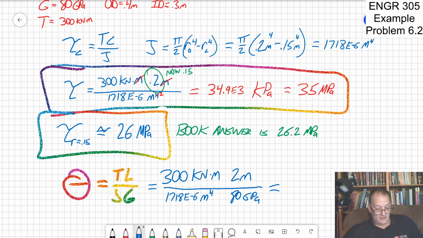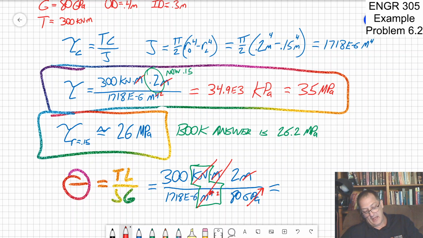So I want to go through the exercise of crossing out units, double checking my units. Meters and meters are going to give me a meter squared there. And then this whole term, kilonewtons per meter squared, is a pascal. So I've got pascals on the top divided by pascals on the bottom, so those cross out.